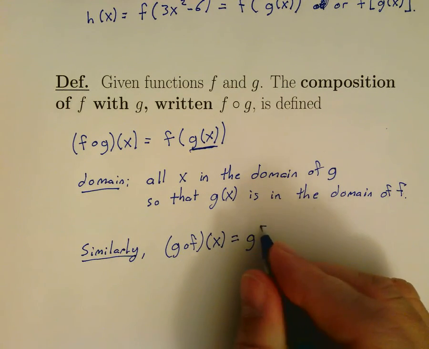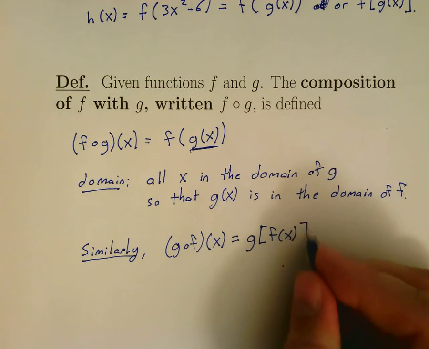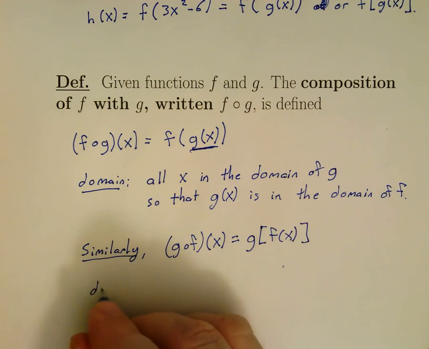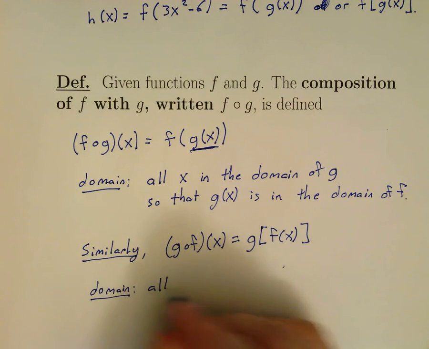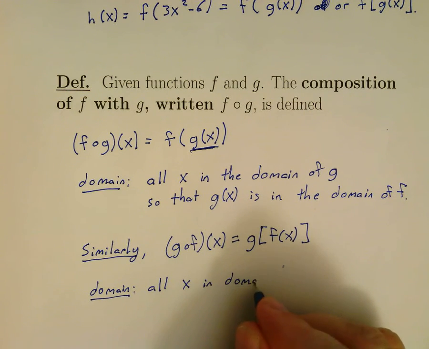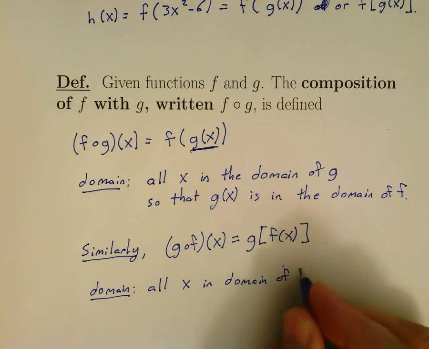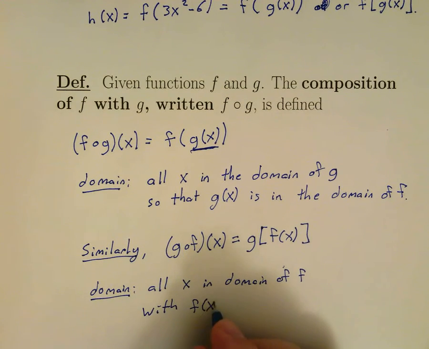So that's going to be g of f. And the domain of this one, you just have to look at it. It's all the x in the domain of f with f of x in the domain of g.